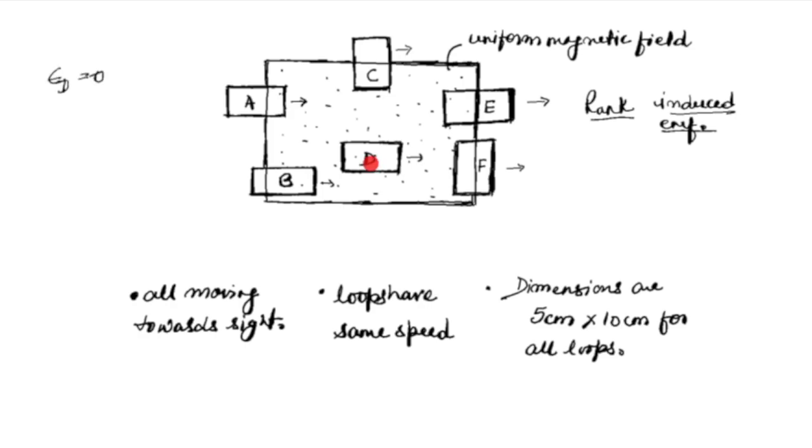Agree? If it moves here, the same magnetic field and the same area will be there, so there will be no change in flux, and the induced EMF will be 0. What about C? The C loop is also moving towards the right. Noting the direction, right, is important here.